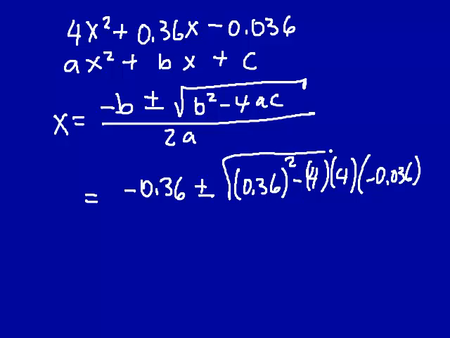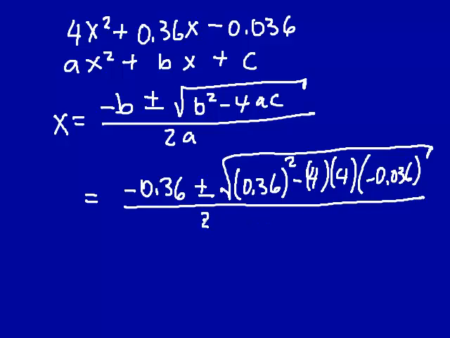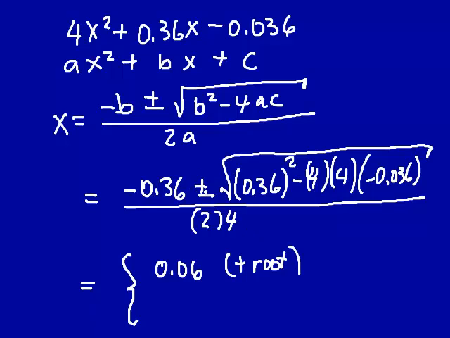And we have to take the square root of that and then divide by 2 times a, which is 4. And you multiply this out, divide, square root, etc. Remember, it's a quadratic equation, so we'll get two roots, the plus root and the minus root. The plus root is 0.06. That's the plus root. Plus root means we took the plus here. And the minus root is minus 0.15.